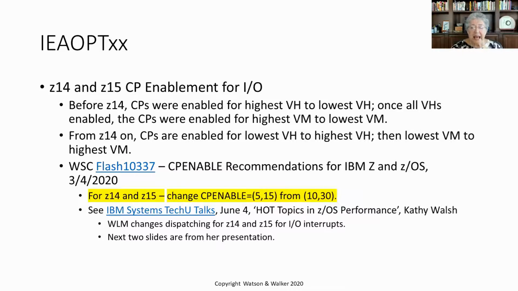And what was happening is because of changes in dispatching for the 14s and 15s for IO interrupts, IBM came out with a Washington System Center flash. I did check, this flash will get you to a new paper that used to be flash 10337.